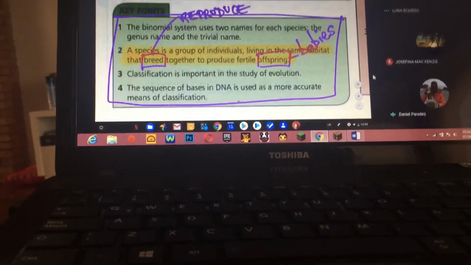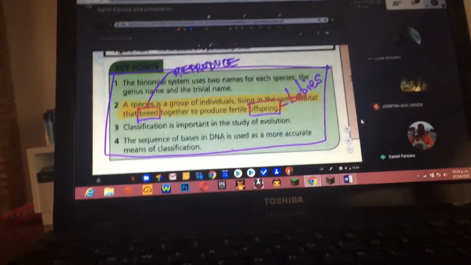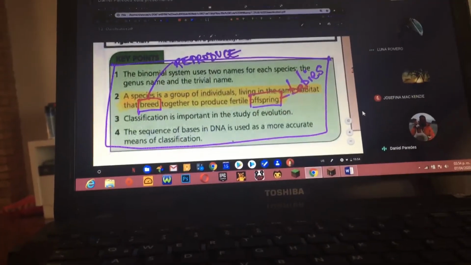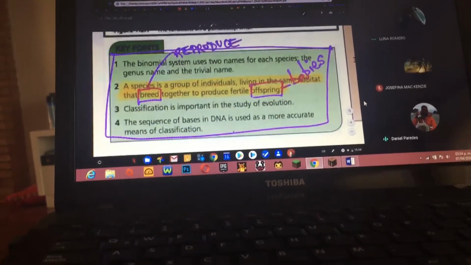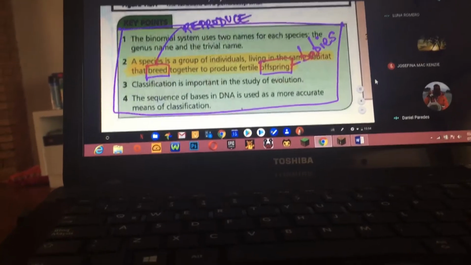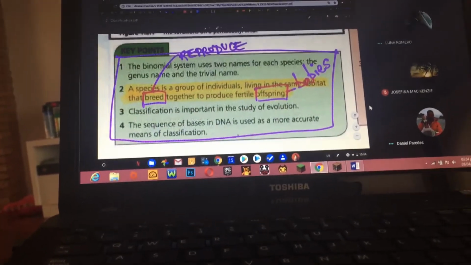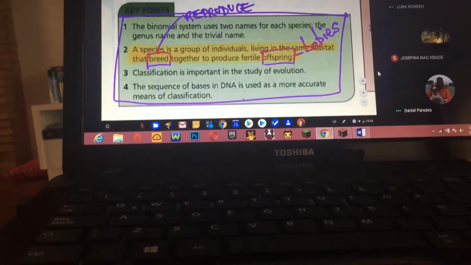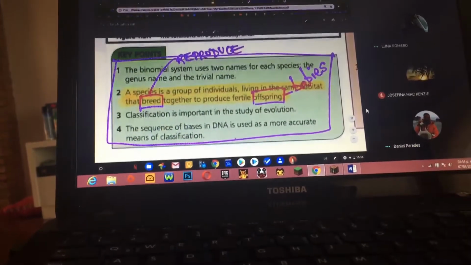Yes. Okay, so the baby of a donkey and a horse is called a mule. A mule cannot have babies. Let me say that in Spanish.